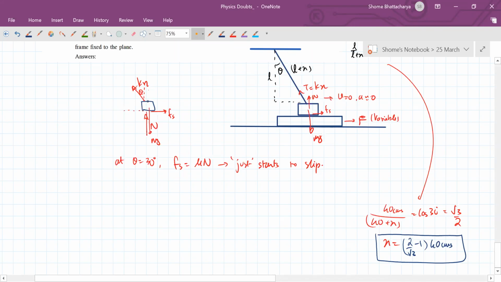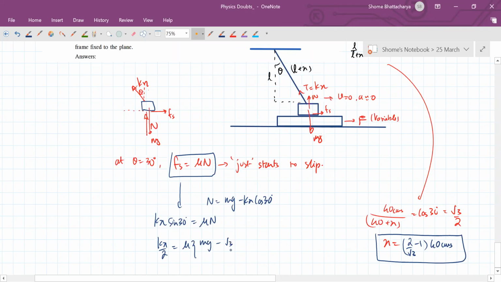And from this diagram we can see, applying this condition, you will get that kx sin 30 degrees is equal to mu N, and N is equal to mg minus kx cos 30. This is the other equation we get.